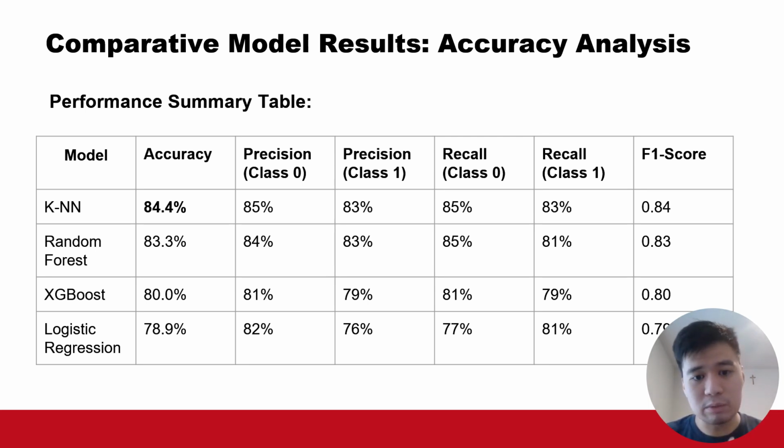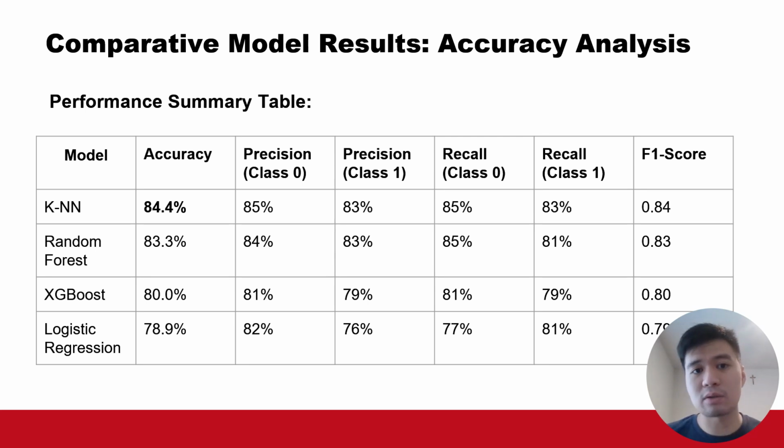For class 0, which is patients that did not have the disease, KNN achieved 85% precision and 85% recall. This means that when KNN predicts someone doesn't have the disease, it's correct 85% of the time, and it successfully identifies 85% of all such patients in the data set.